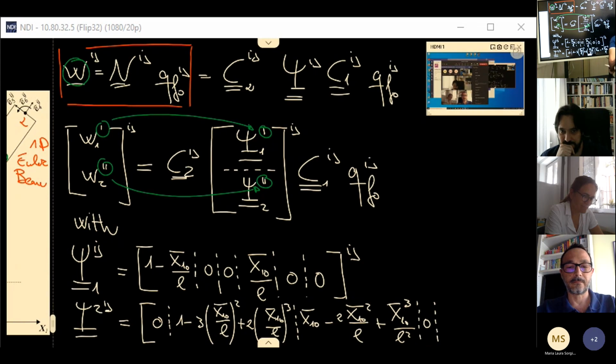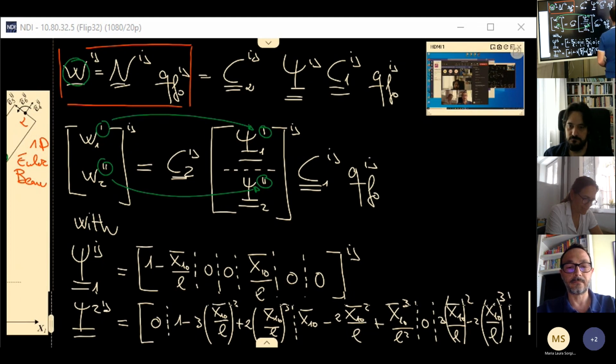And then we have 3 times x1 over L squared minus 2 x1, 0 over L to the third. And this is the fifth element.